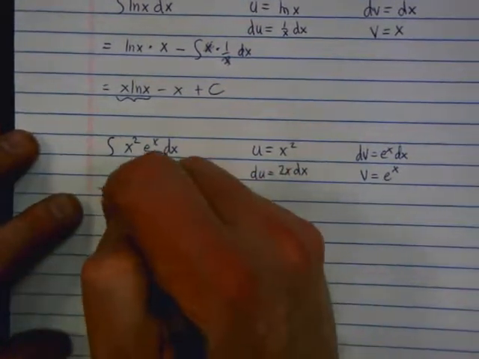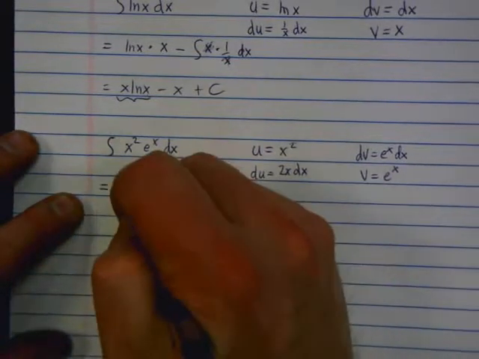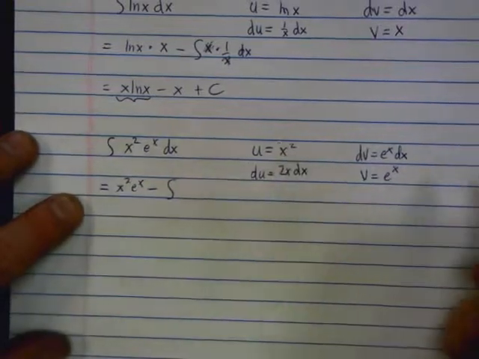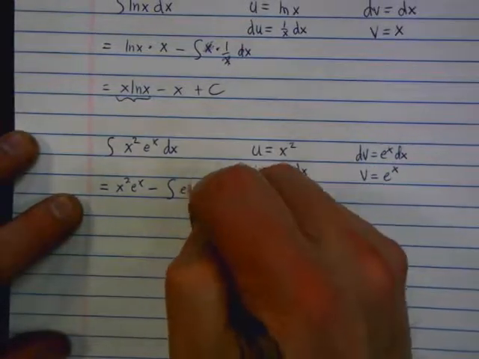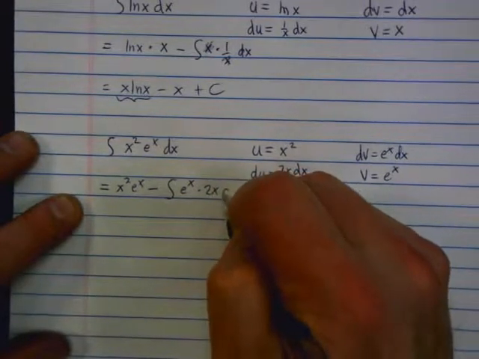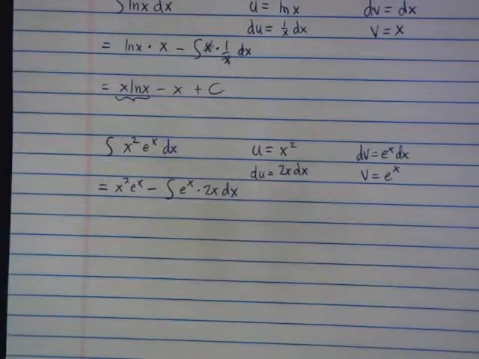All right, using the formula u times v, that's x squared e to the x, minus the integral of v, that's e to the x, times du, that's 2x dx. So notice what happened.